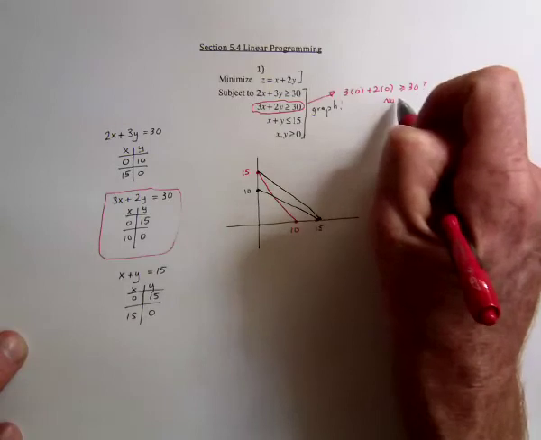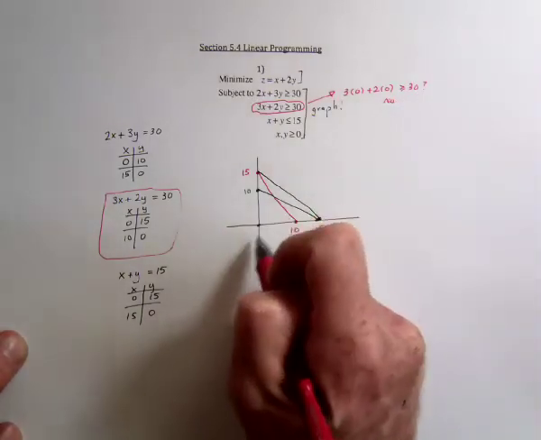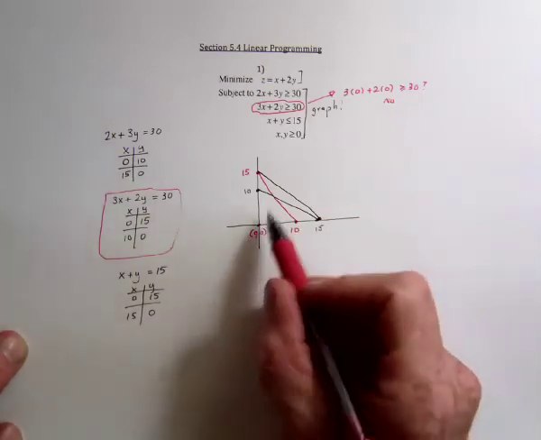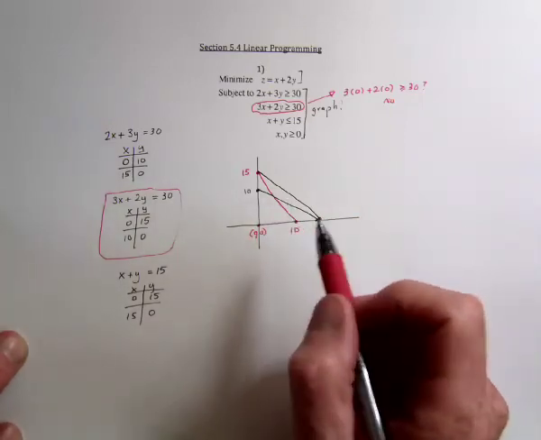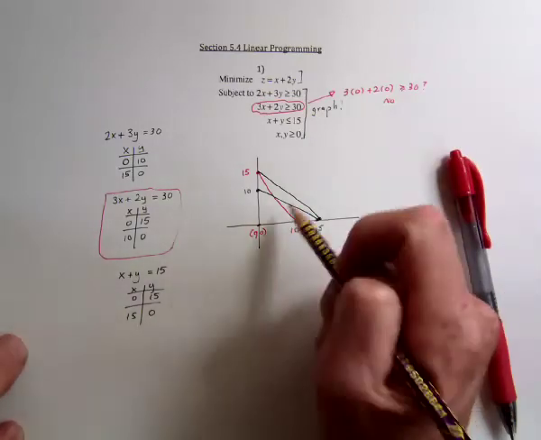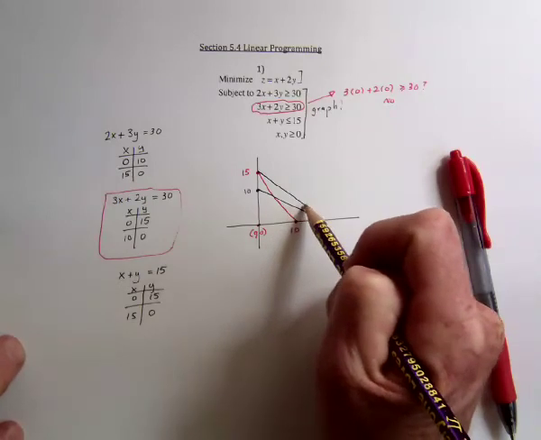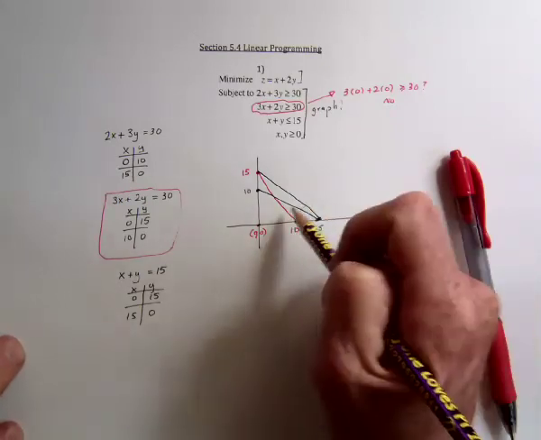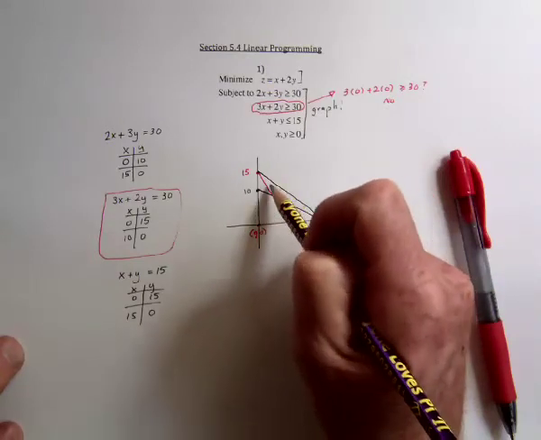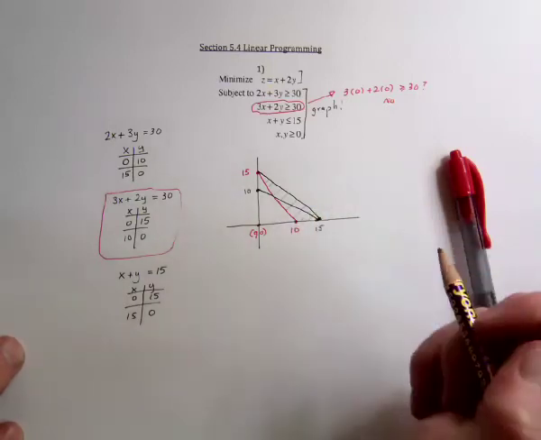And the answer is no. So it's not supposed to be on this side of the red line. Instead, it should be on the other side. Well, that means that it's going to be above the red line, but it has to stop at this 15, 15 line. So far, the region that we're talking about is this, which I'll just shade lightly because it's not going to be the final answer.